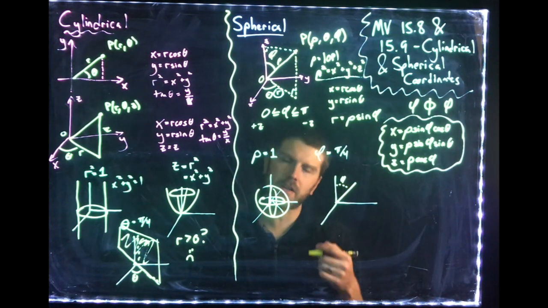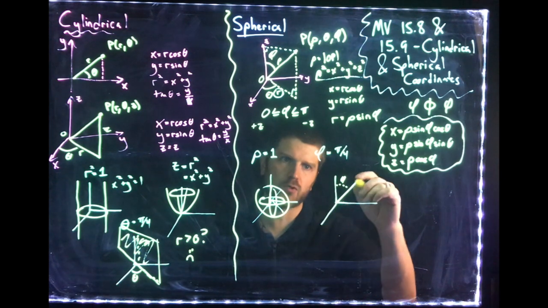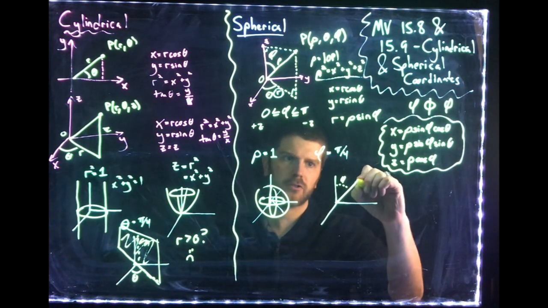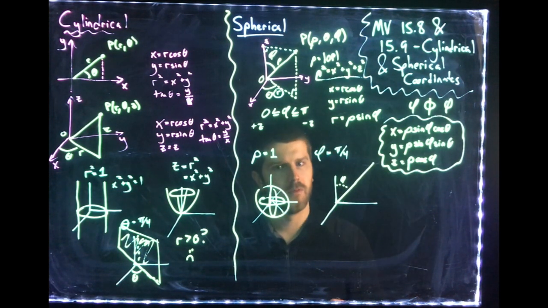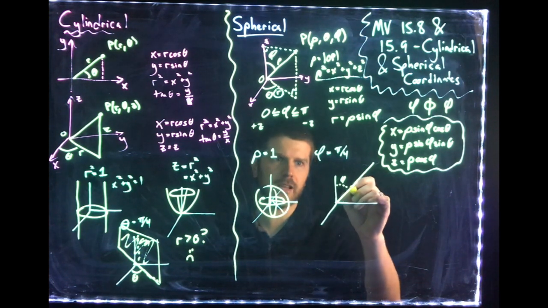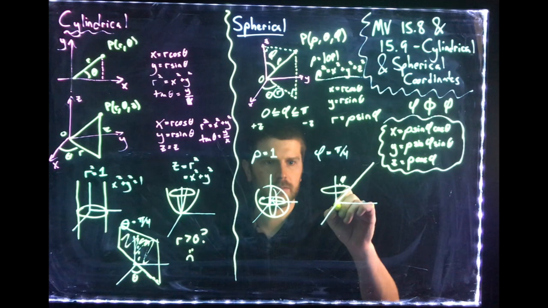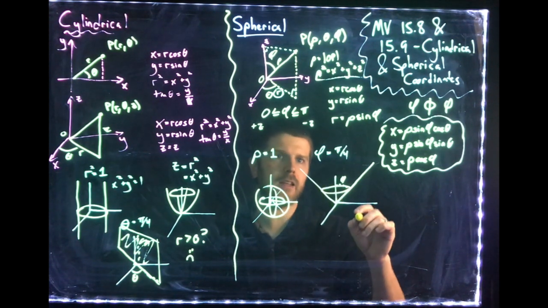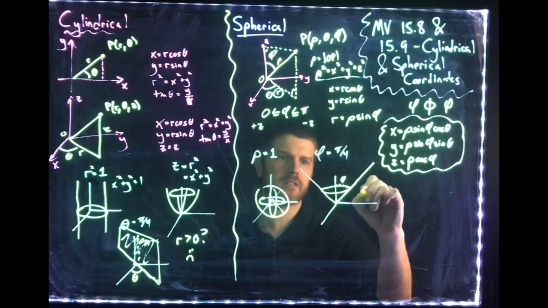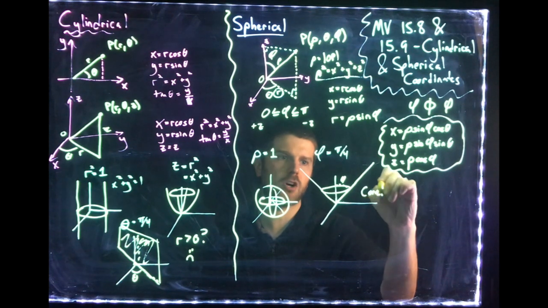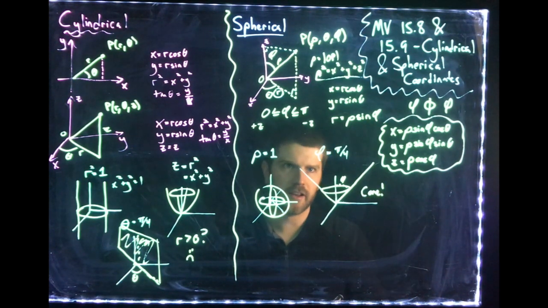Let's apply some of our rules. You don't see rho, so this line can be as long or short as I want. And we don't see theta, so I'm going to spin it around the z-axis. What we get is that phi equals pi over 4 is in fact the top half of a cone.